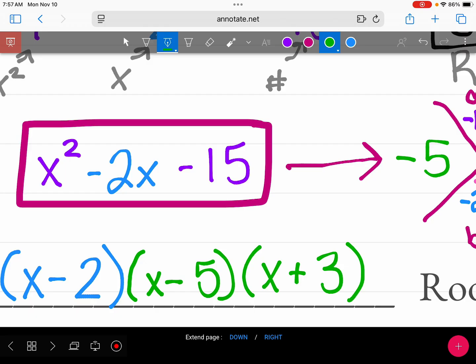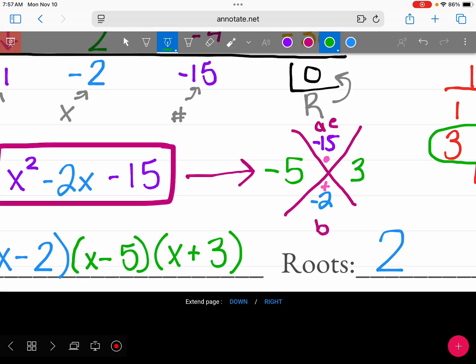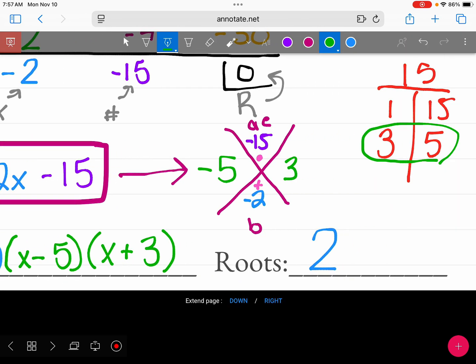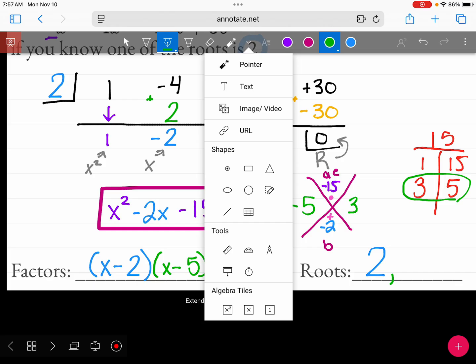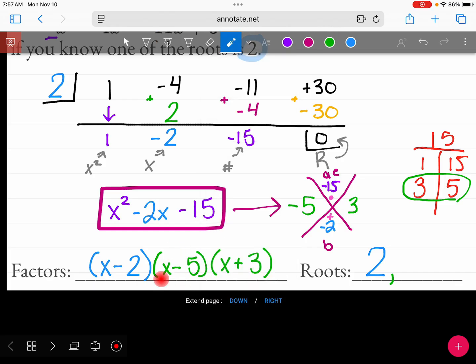Which means we know all the factors here. If we get it down to a quadratic, it's something we can probably factor again. That also means I know all of my roots for this polynomial. What are the other roots we get for this polynomial? What is the root for the factor x minus 5? 5.